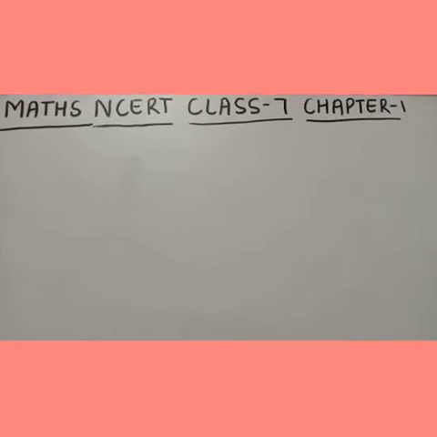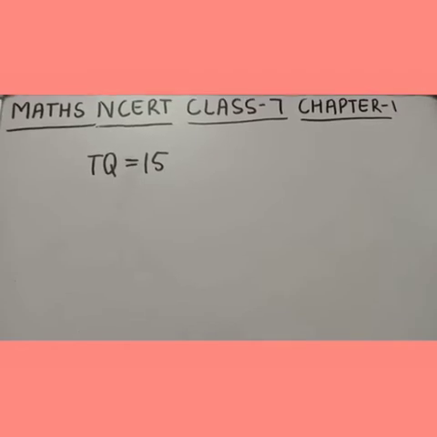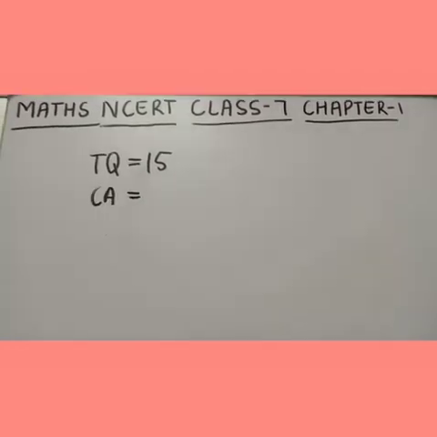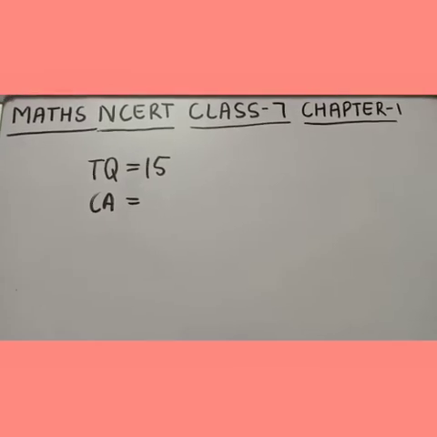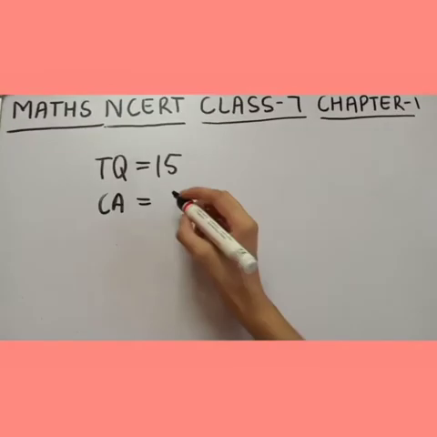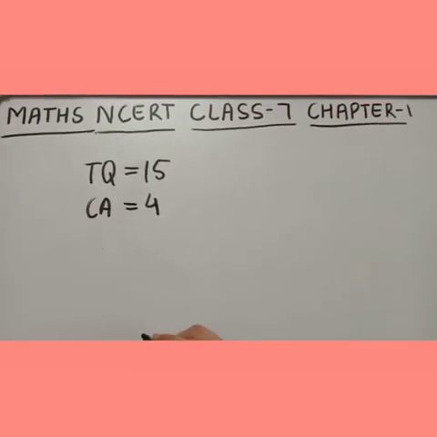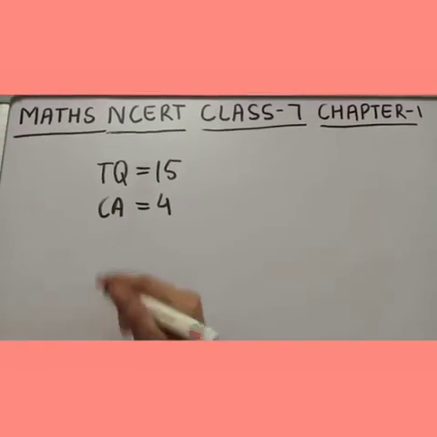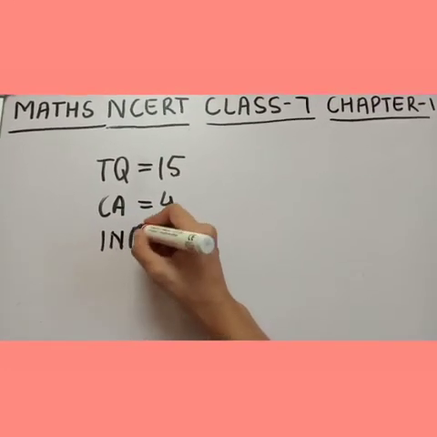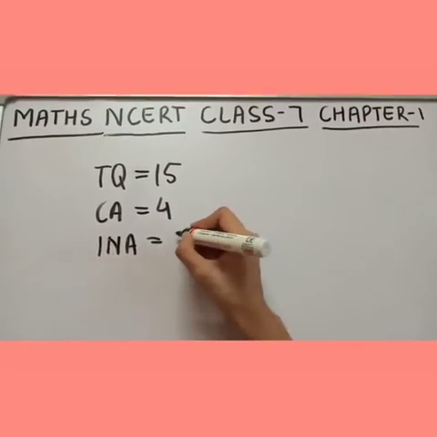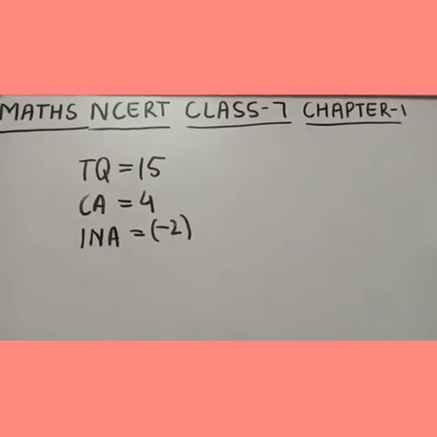Total questions are 15. TQ stands for total questions. And marks given for every correct answer is 4. And for every incorrect answer, minus 2 marks are given.